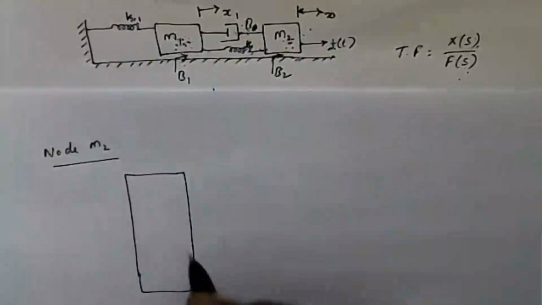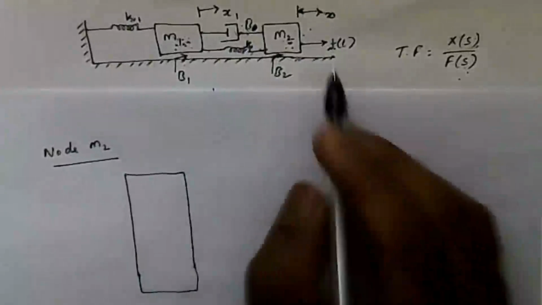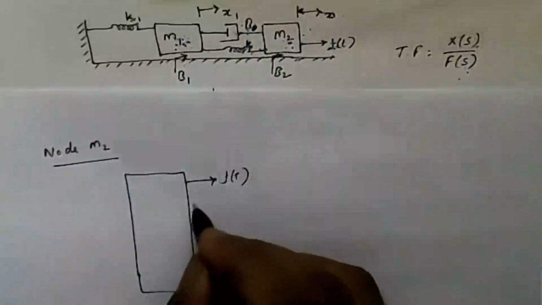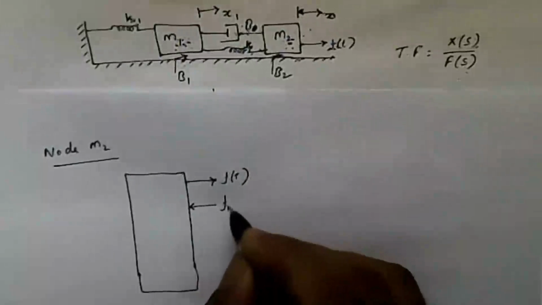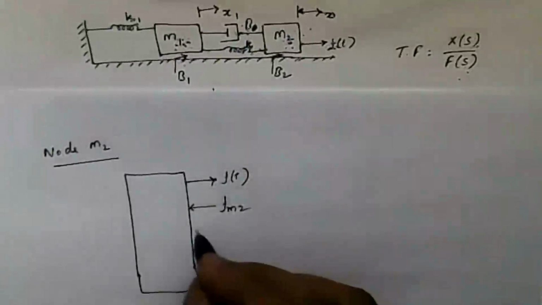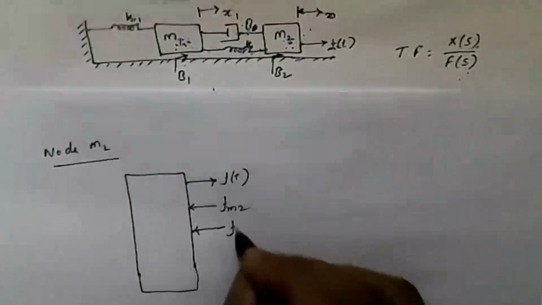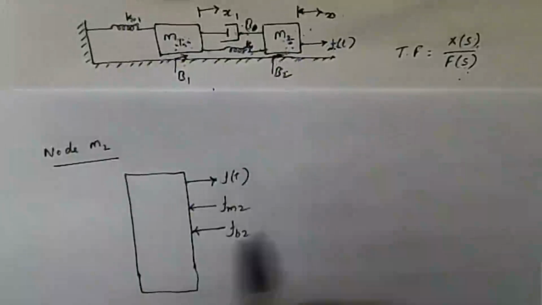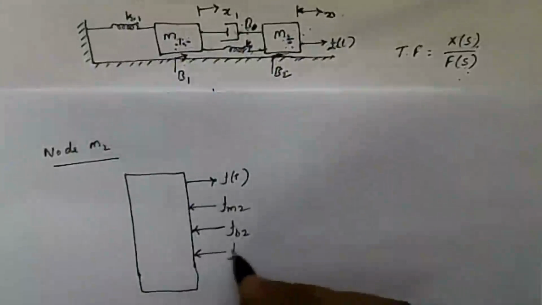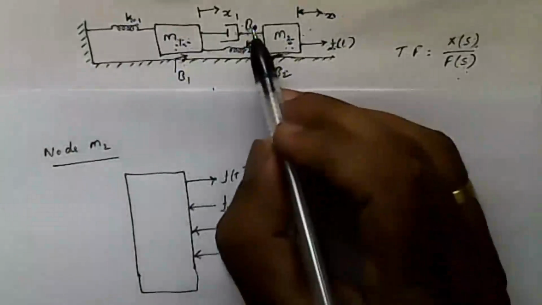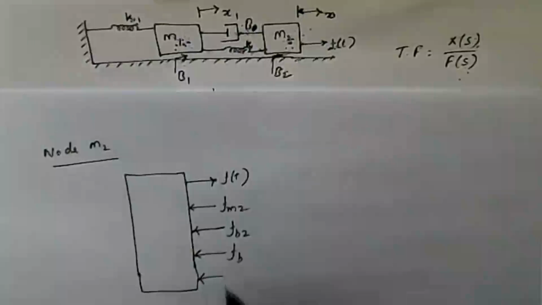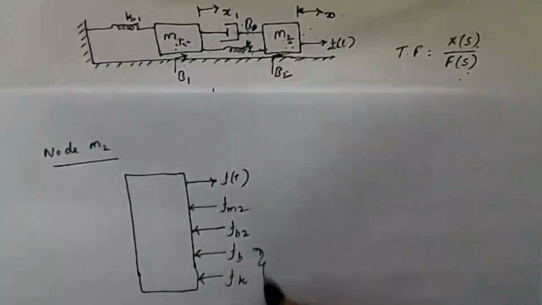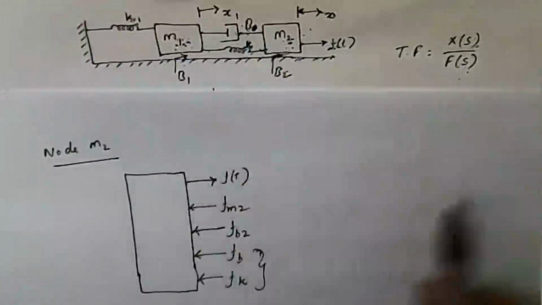The free body diagram consists of the applied force F of t, then the opposite force due to the mass element M2 itself, then due to the damper element B2, then B, then K. These two are common elements for these two nodes.